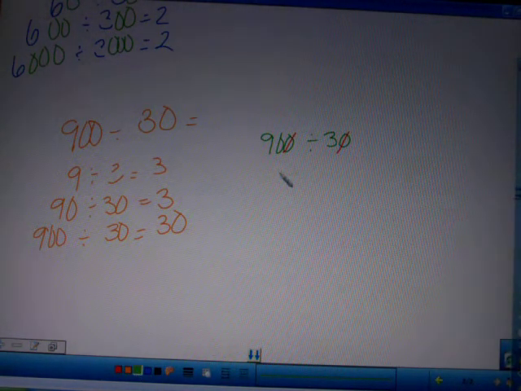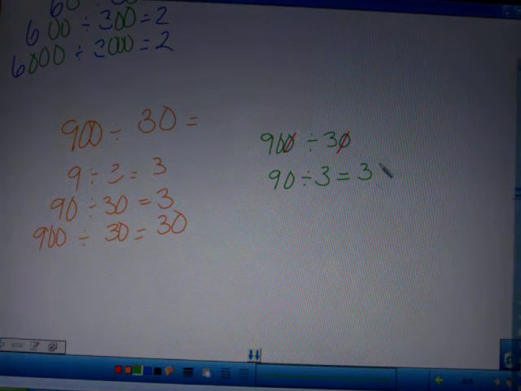So now I'm dealing with 90 divided by 3. Well, 3 is going to go into 9 3 times, and 3 is going to go into 0 0 times. And so regardless, whether you use a division pattern to solve it, or cross out the zeros to make it easier to solve, the cow is still going to eat 30 pounds of hay each day.